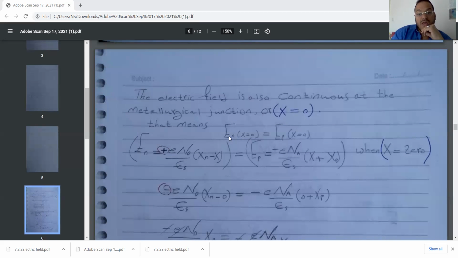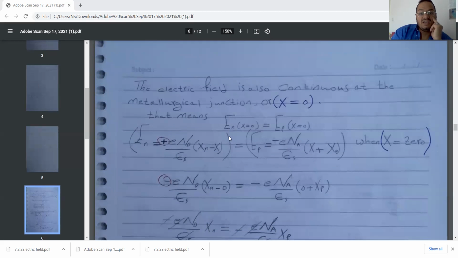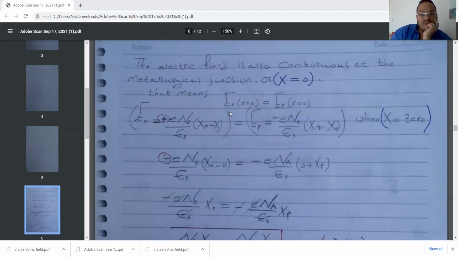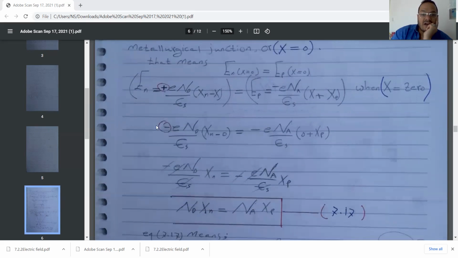E_N will not equal E_P. Here, let's put the results of the electric field in N type and the electric field in P type, and after that modify all of that. Now we will put 0 instead of X and calculate all of that again.